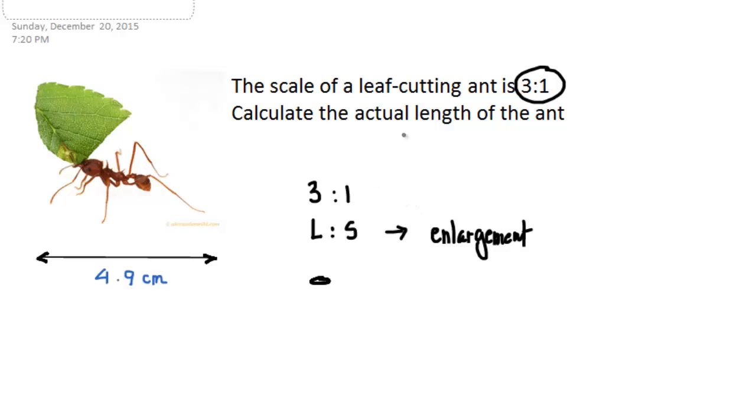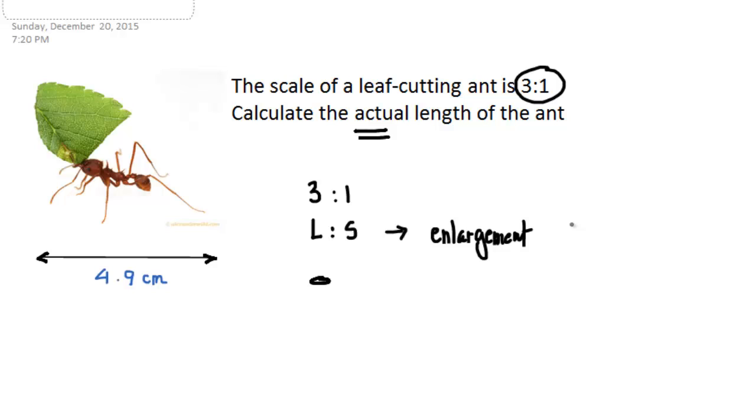The question is saying: calculate the actual length. So I need to know the actual length of the ant. If I go in reality and see the length of the ant, how much is it? This is my main question. So how can I figure out the steps? How can I do it?